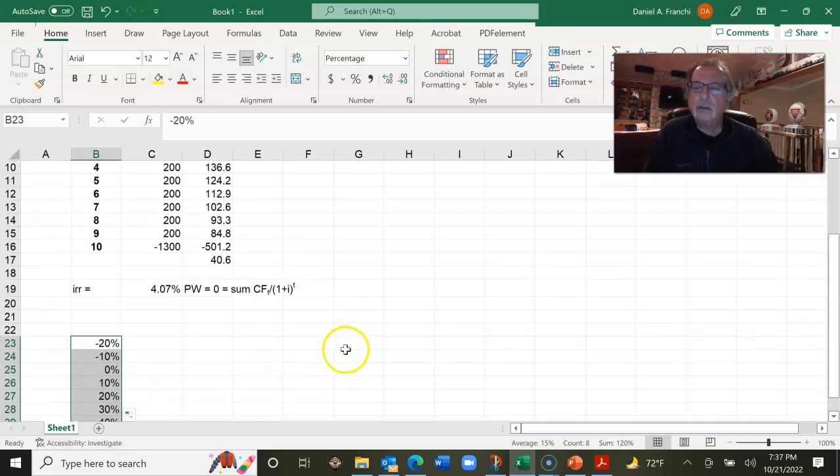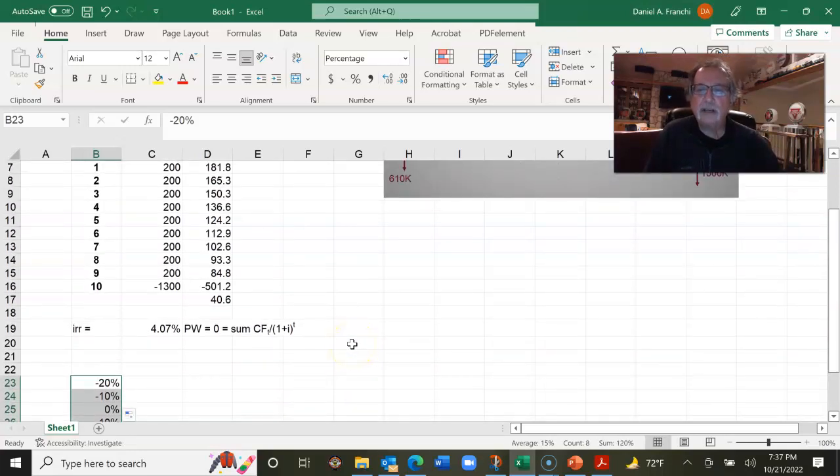So what we want to do is, and I'm going to show you how to do a data table right now. Data tables are very, very useful in plotting and running a calculation for plotting. So what we want to do is calculate this present worth as a function of interest rate.